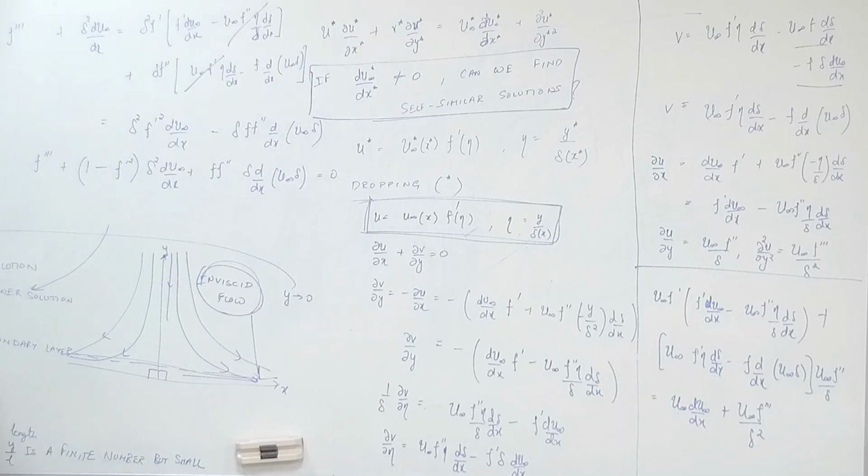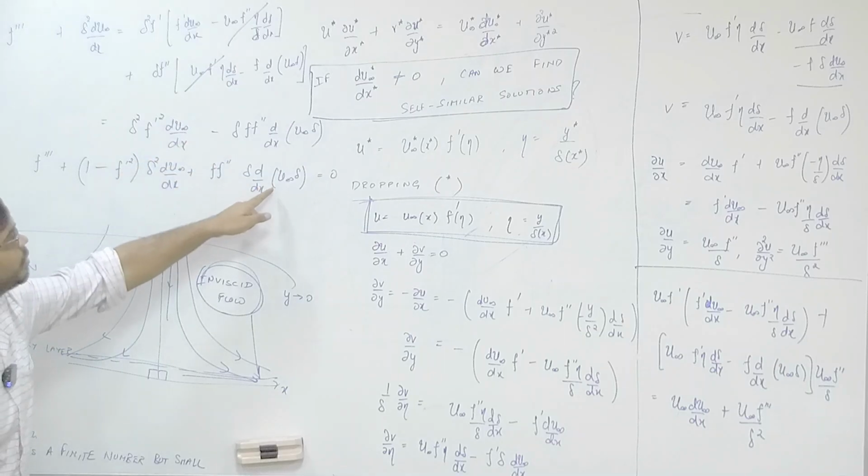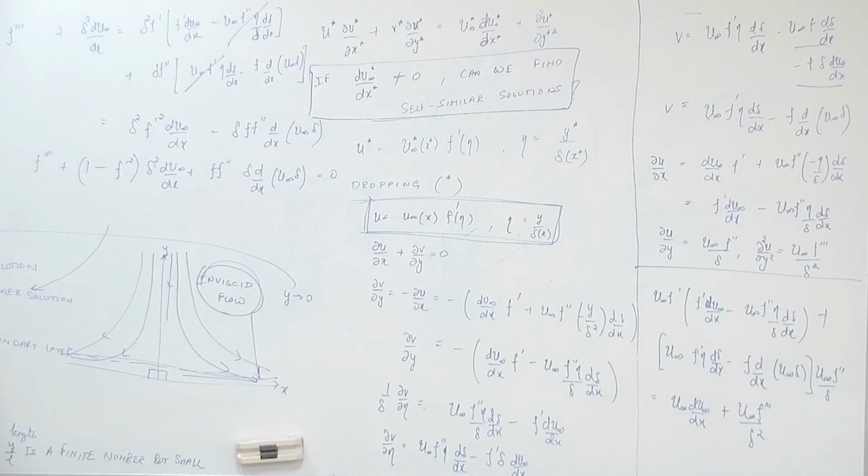But we have one way of solving these equations, which is finding the self similar solution. So we are asking the question, this is what I know how to solve, under what cases can I do this solution. The self similar solution may not apply to all u infinity as a function of x, but I am trying to find under what u infinity as a function of x can I find a self similar solution.